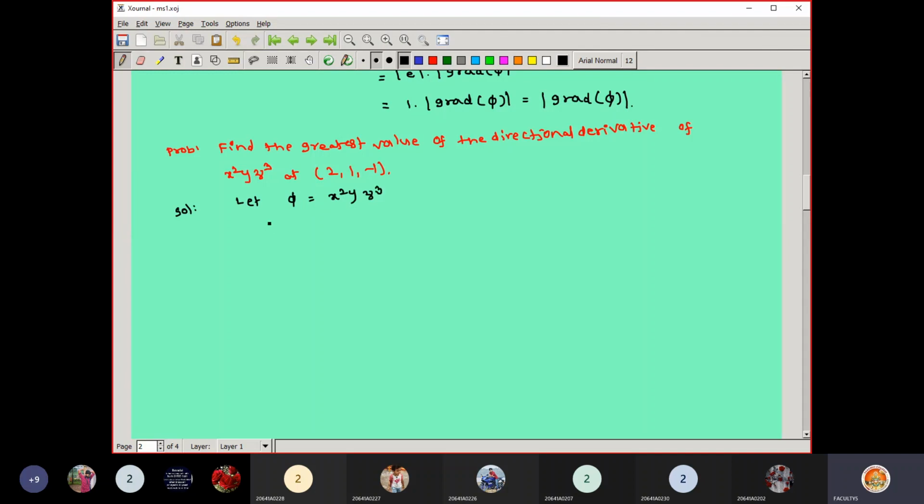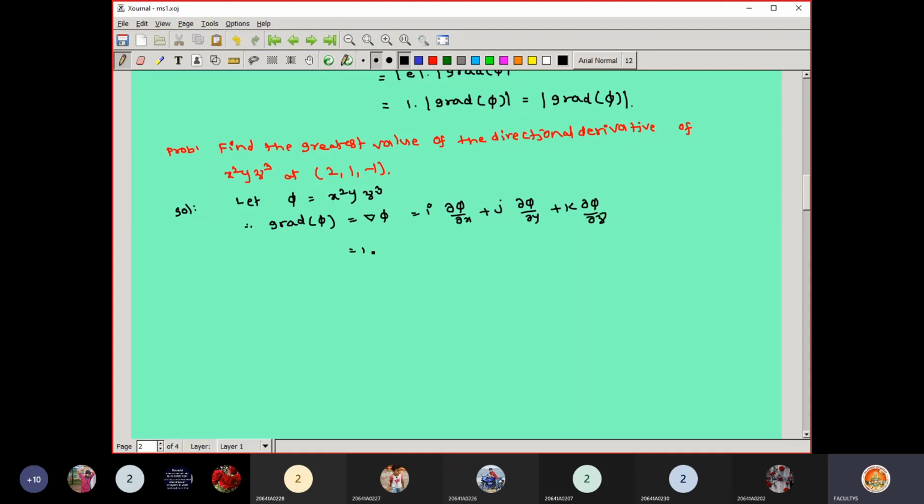Directional derivative means you need not go for the unit vector, you just calculate only the gradient of phi. Gradient of phi means del phi, by definition i dou phi by dou x plus j dou phi by dou y plus k dou phi by dou z.